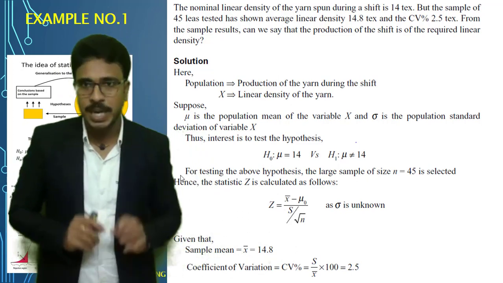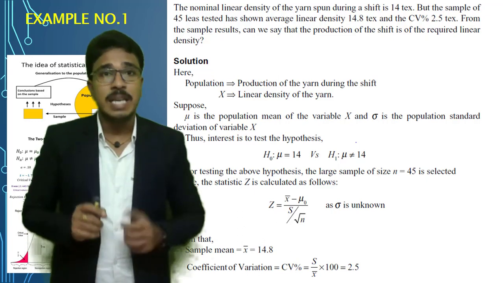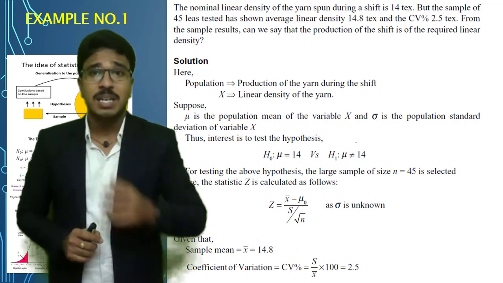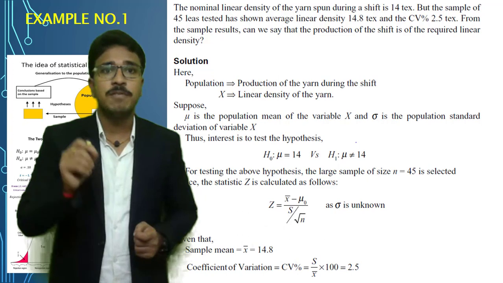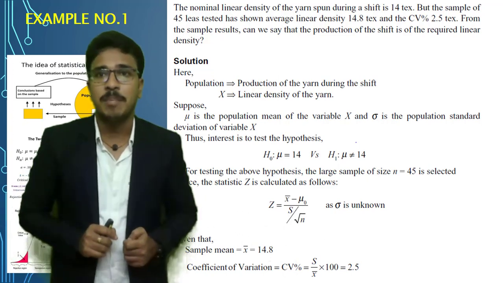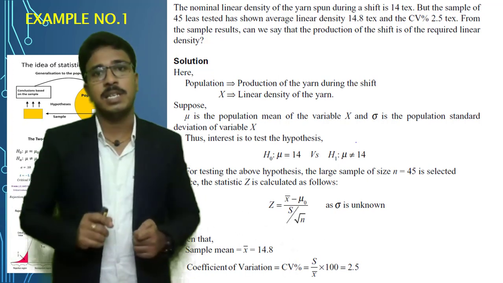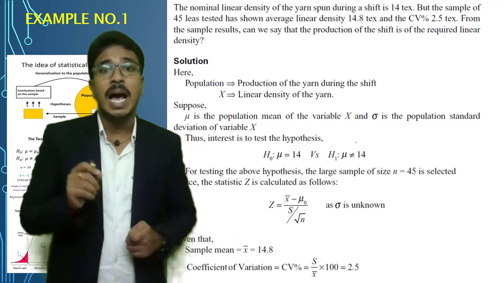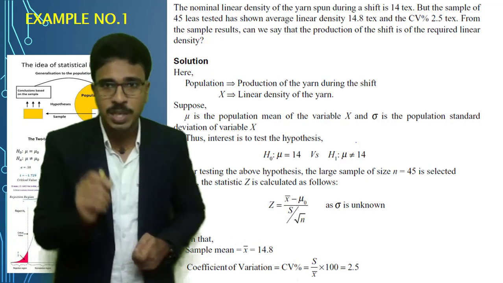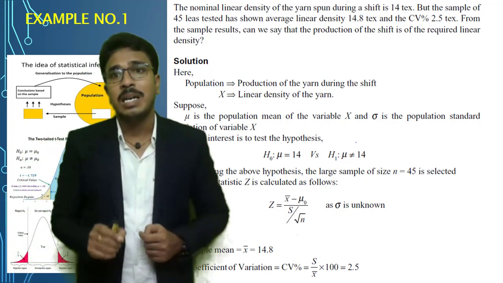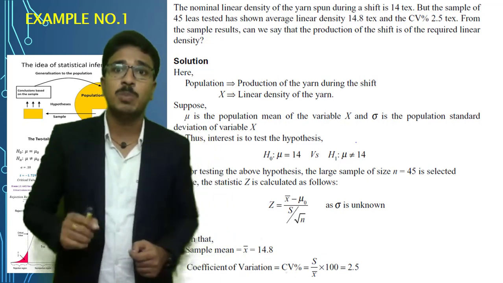Now, but the sample of 45 leas tested has shown an average linear density of 14.8 tex and a CV percentage of 2.5.